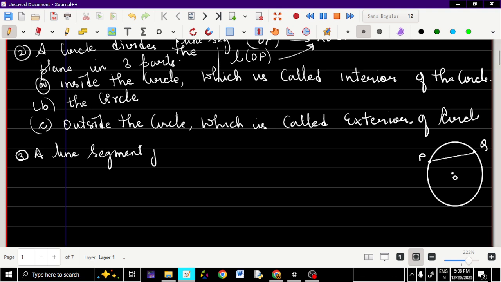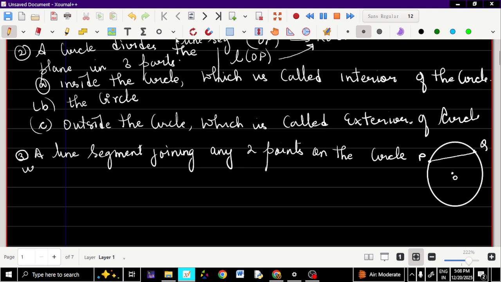A line segment joining any 2 points on the circle is called chord of the circle.